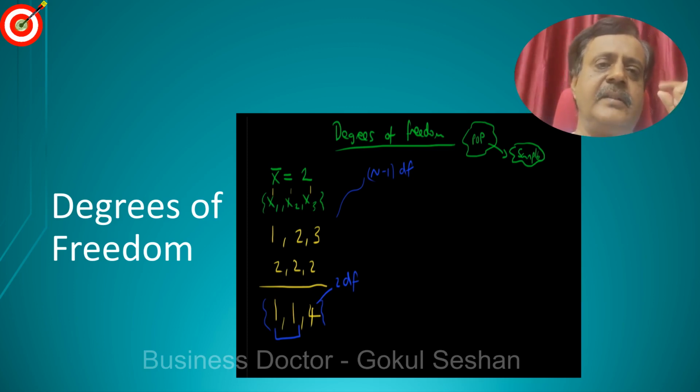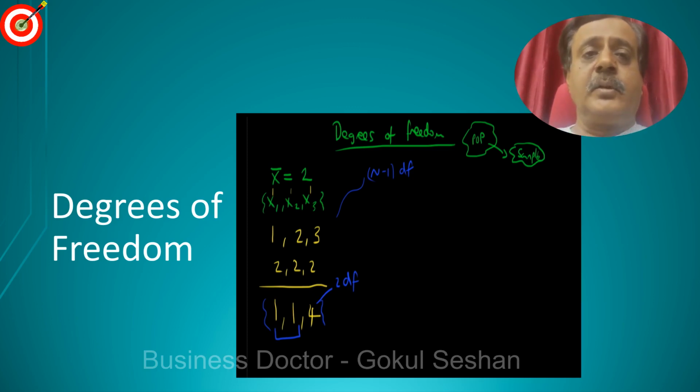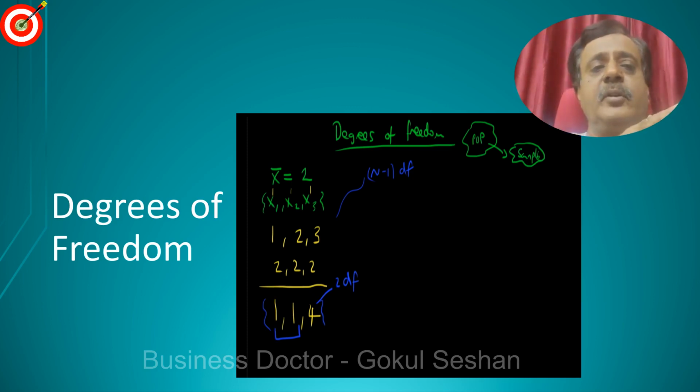Then the average is always 2. But in this example the average is fixed first. So if you are given a value 1, 1, then the third value has to be only 4. Suppose you are given a value like 2, 2, the third value has to be only 2.